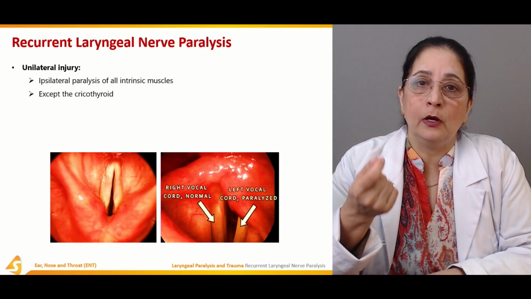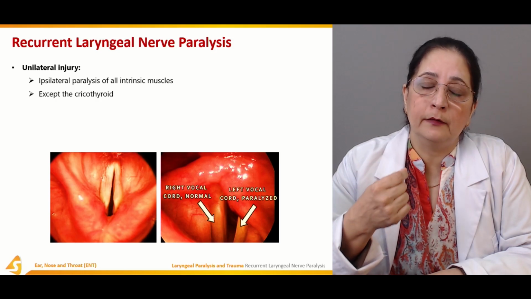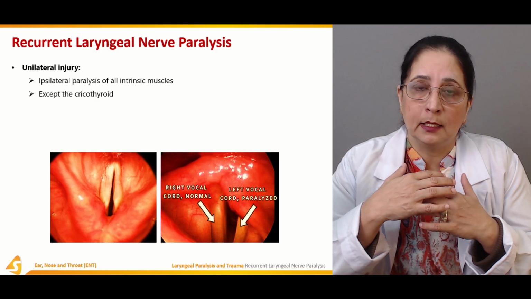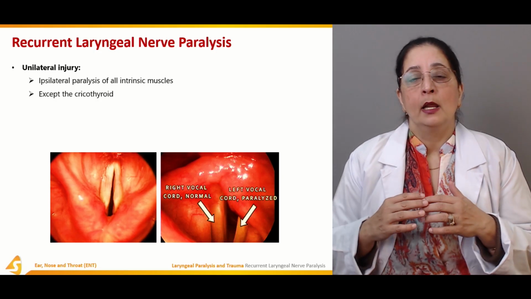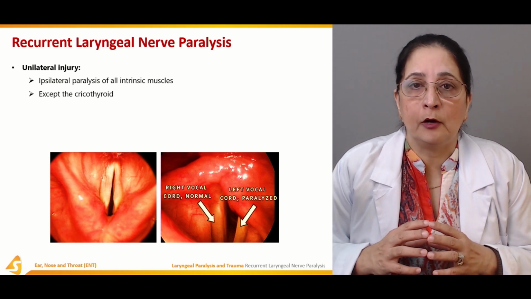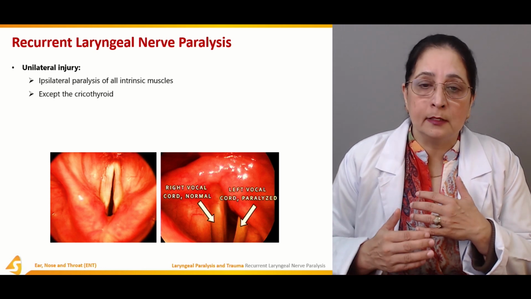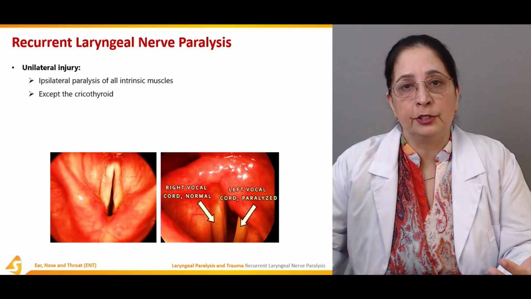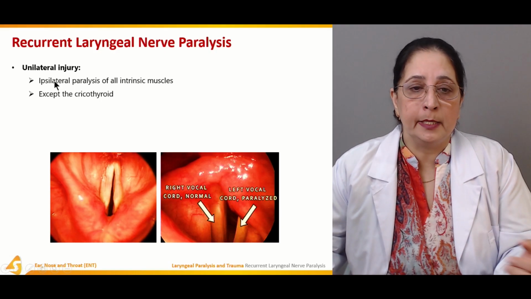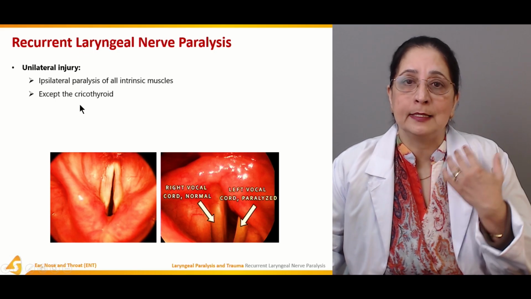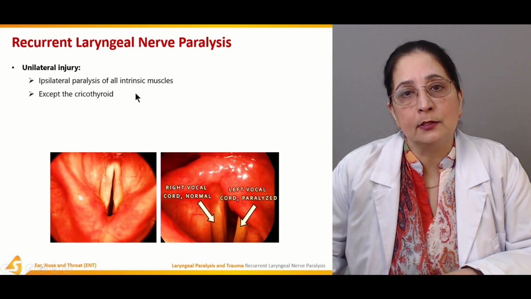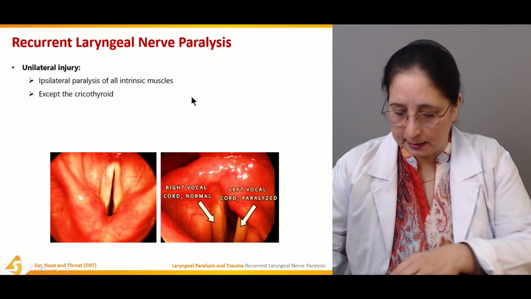So with involvement of the recurrent laryngeal nerve alone, the cricothyroid is not paralyzed and all the functions associated with it are preserved, but paralysis of all the other intrinsic muscles occurs on the same side.